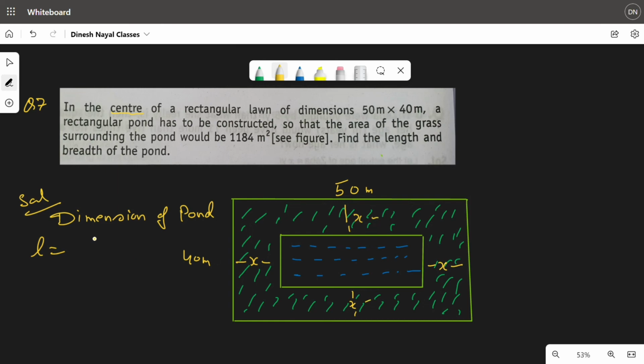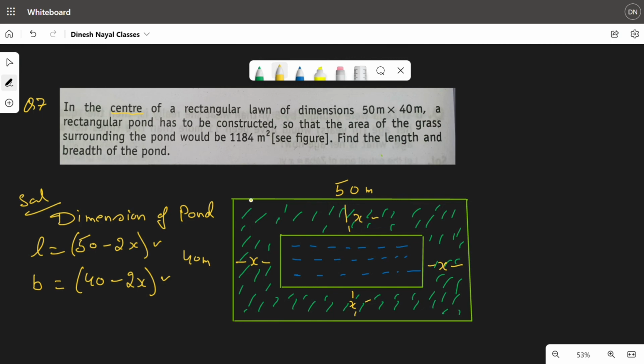You can see this is x, 2x... sorry, this is x and x. So 50 minus 2x is the length of the pond, and the breadth will be 40 minus 2x. So 50 minus 2x and 40 minus 2x, which is the dimension of the pond.